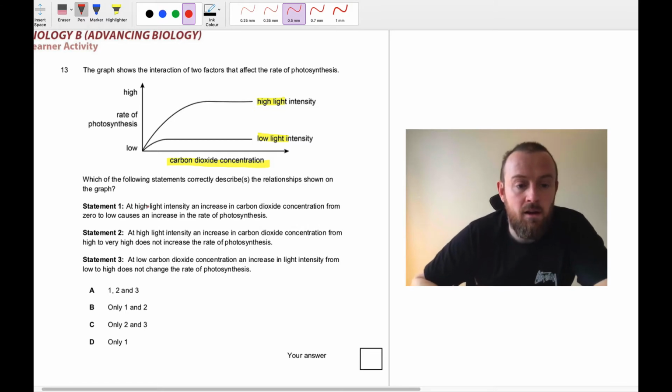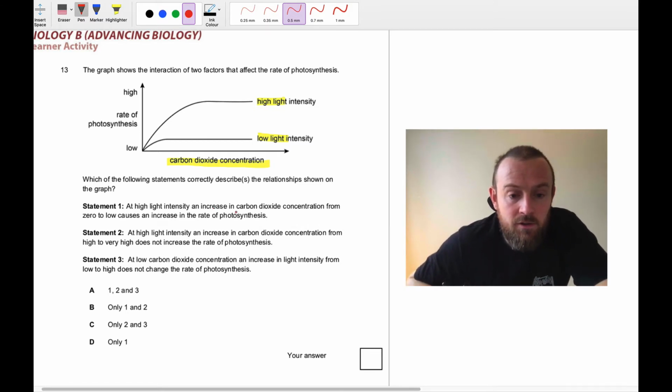Okay, so at high light intensity, an increase in carbon dioxide concentration from 0 to low causes an increase in the rate of photosynthesis. No. That would be if we had light intensity on the x-axis and the two lines were labelled with CO2.